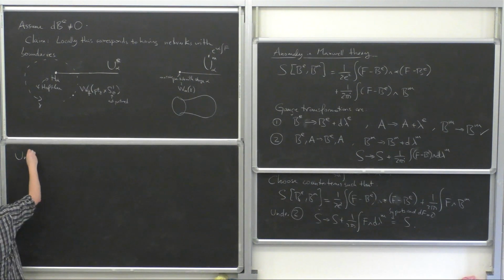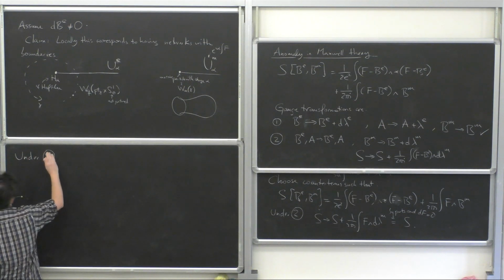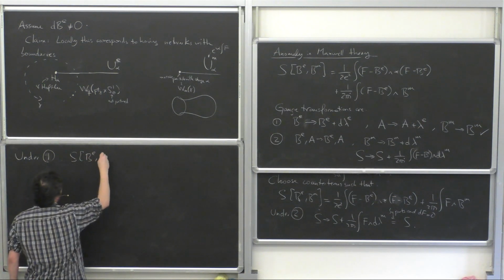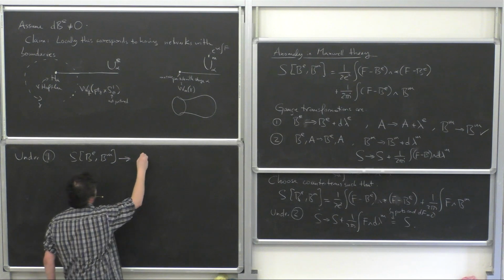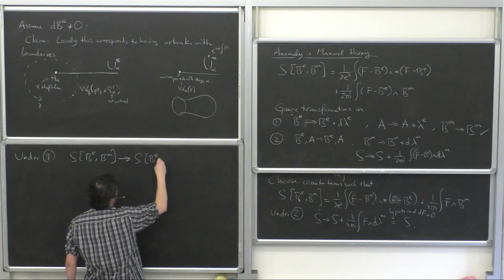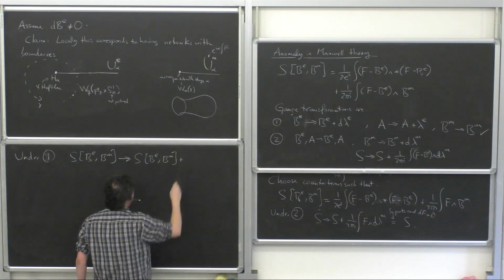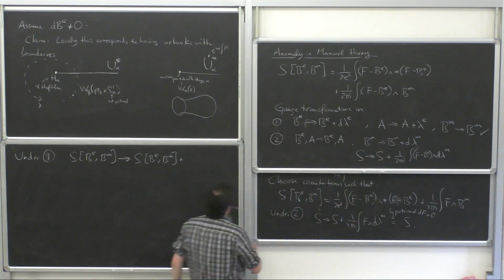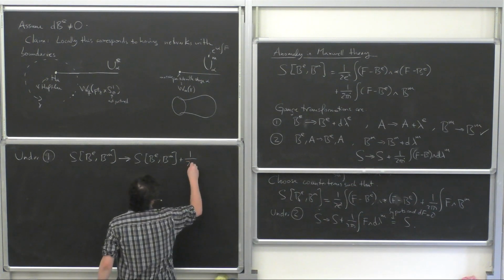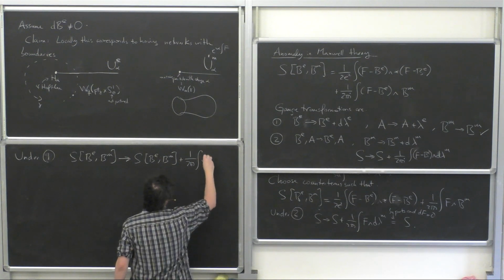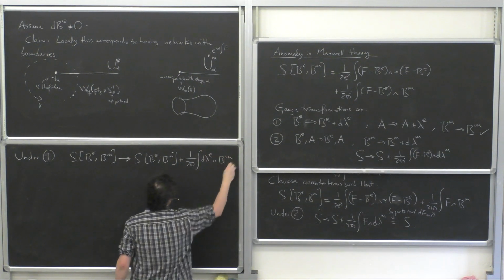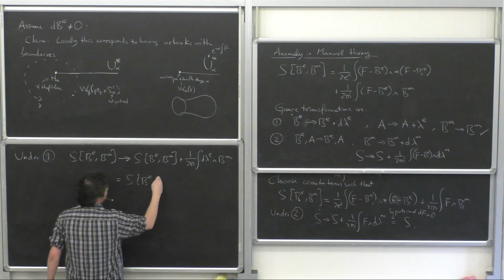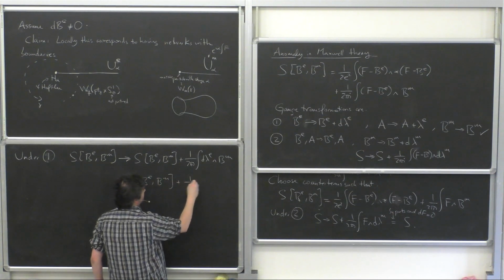So under 1, S of Be, Bm goes to S of Be, Bm plus a shift coming from this term, the variation of F. So that's 1 over 2 pi i, d lambda E wedge Bm, and of course, this is equal to S of Be, Bm plus 1 over 2 pi i.